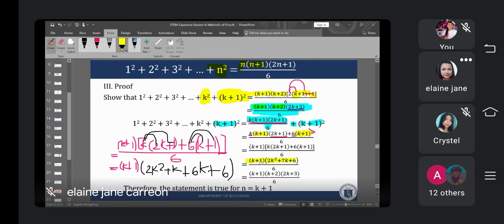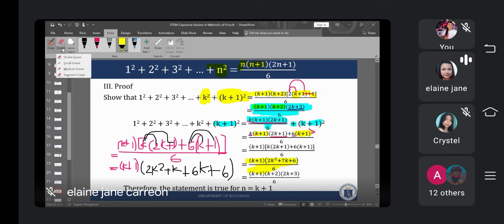Okay, now, factoring, ano ang tawag dito? Factoring trinomial. Hindi siya perfect square, pero factorable siya. Okay?